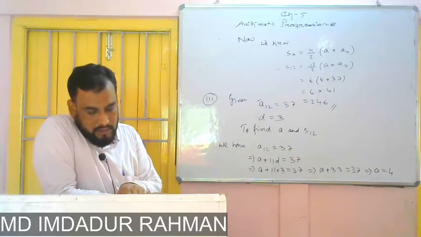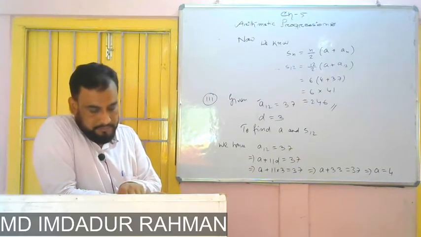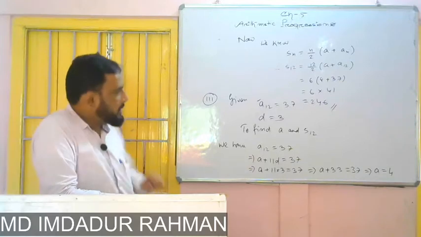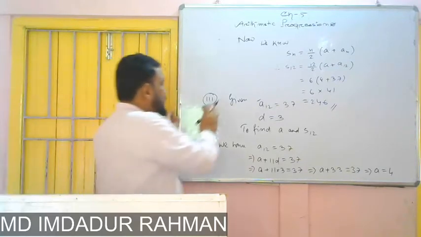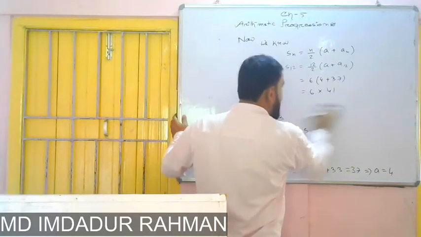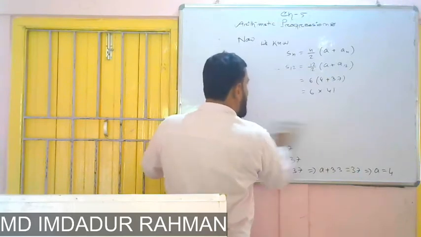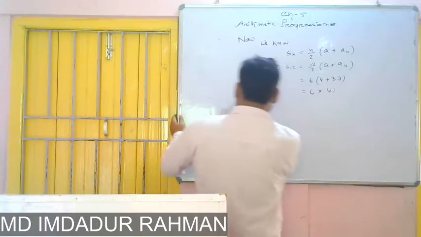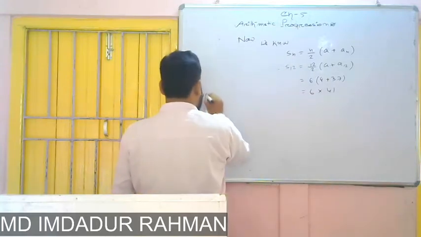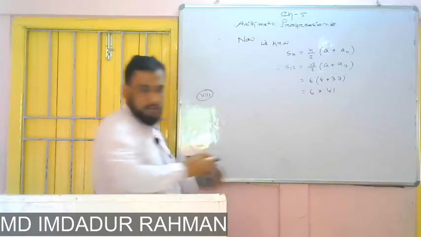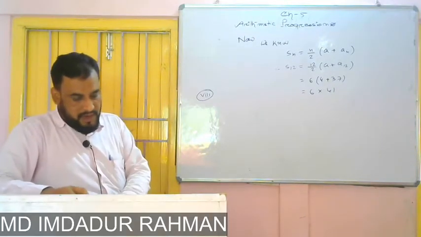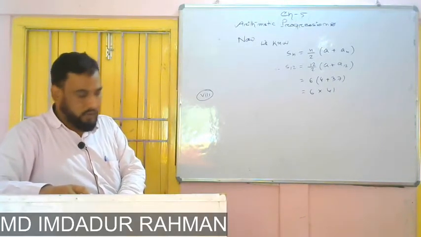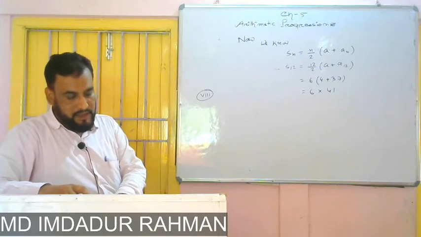So let us do number 8. Number 8, Roman 8. Given an is equal to 4, d is equal to 2, sn is equal to minus 14.